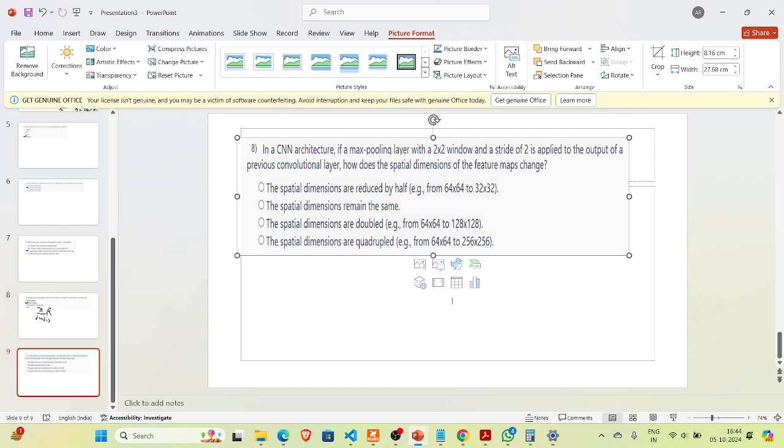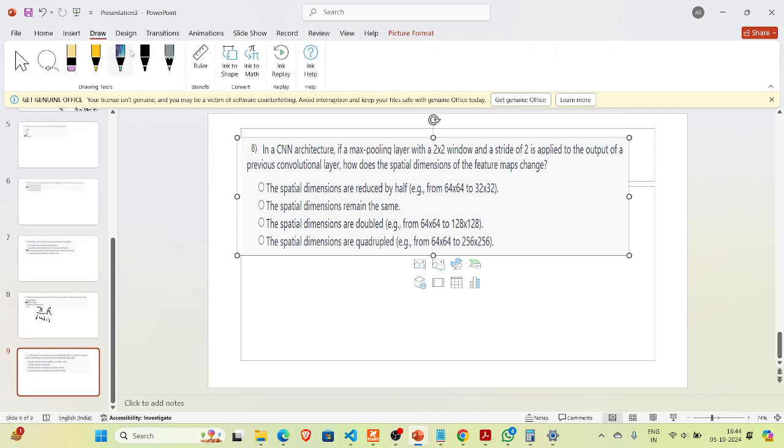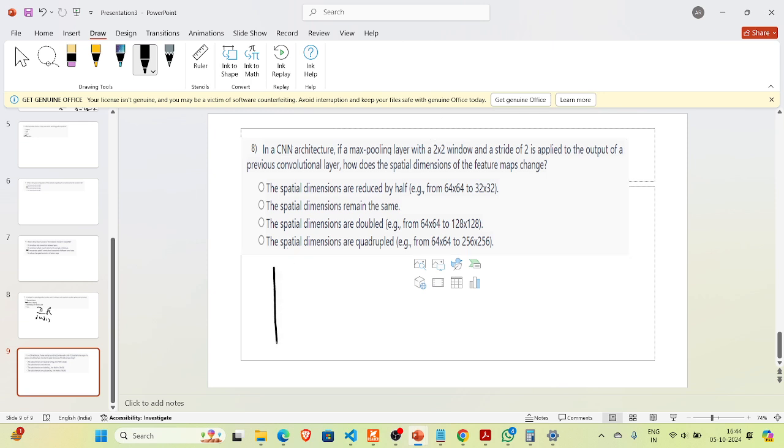Stride means we are jumping, by what amount are we jumping from one set of pixel values to another. What happens if your stride is 2? The size of the feature map reduces by half. What I mean is you divide the size of the feature map by 2.